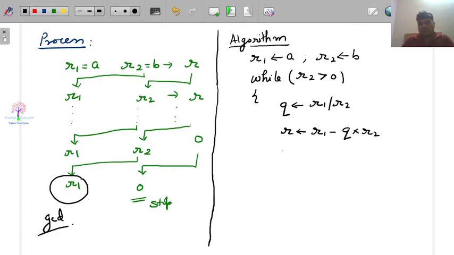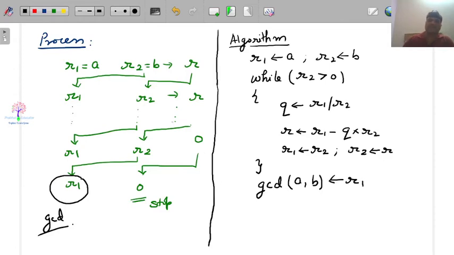In the next step we will replace R1 with R2 and R2 with R. And the loop is closed. So when R2 is 0, it will come out of the loop, and at that time the GCD between A and B will be R1. That is our final result.